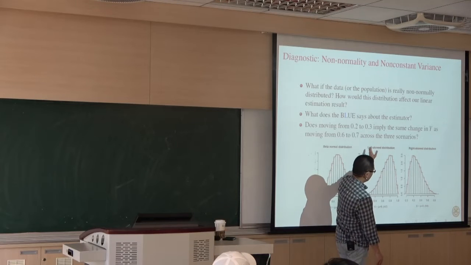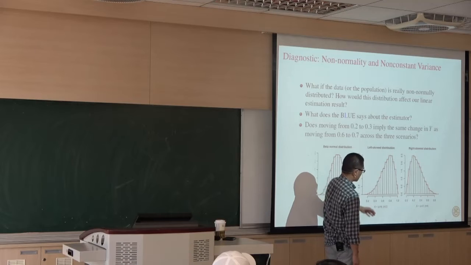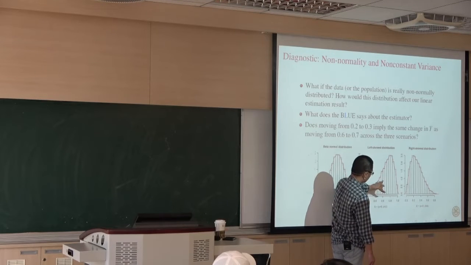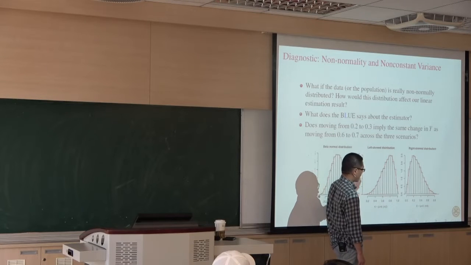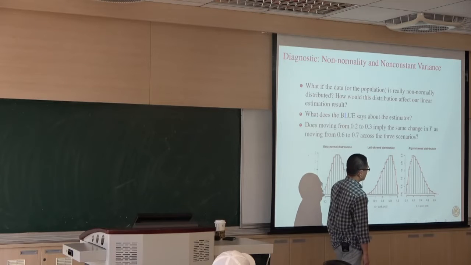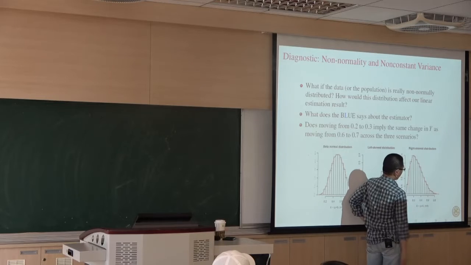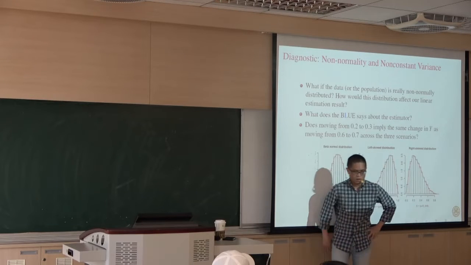So in the graph in the middle, the data distribution actually has a longer left tail, so that's why it's a left skew distribution, while the graph to your right simply has a longer right tail, so it's a right skew distribution.